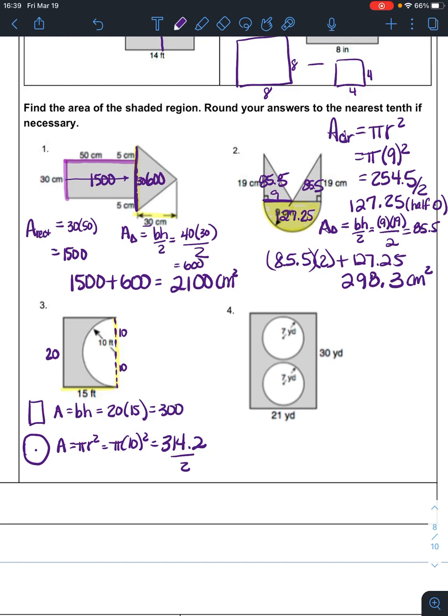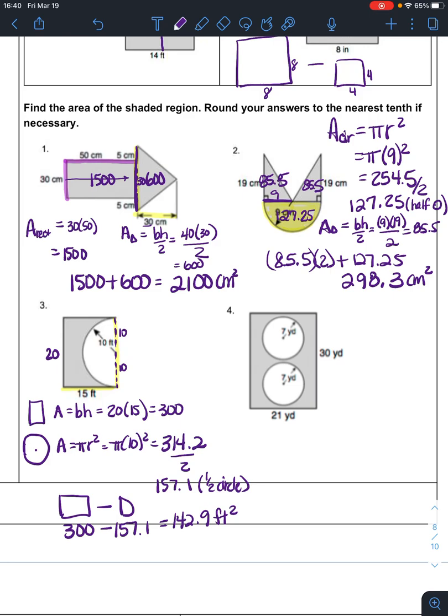So 314.2 divided by 2 is 157.1. That's for half the circle. And then you take the rectangle and you subtract the half circle. Not the whole circle, the half circle. So you take 300 minus 157.1. You get 142.9. And that would be feet squared, or square feet.